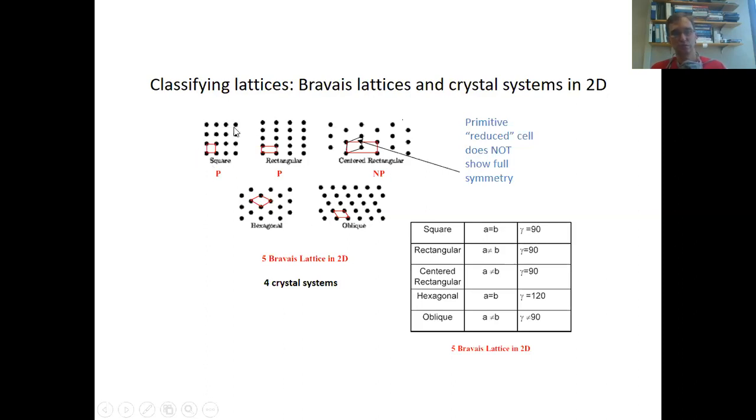You see the unit cell associated with the square crystal system, and it just resembles a square, and a square necessarily has edges of the same length. These edges represent the unit cell parameters A and B, and the angle between them is 90 degrees.